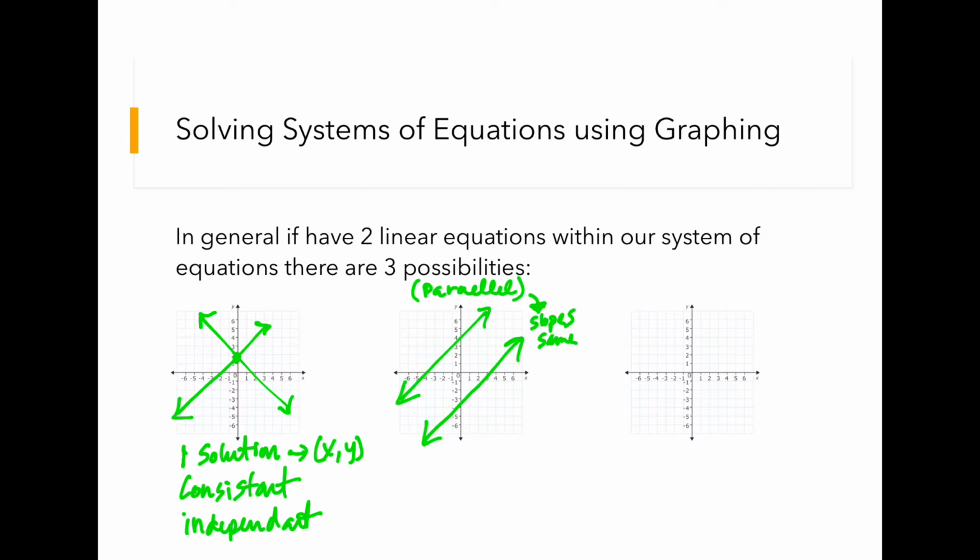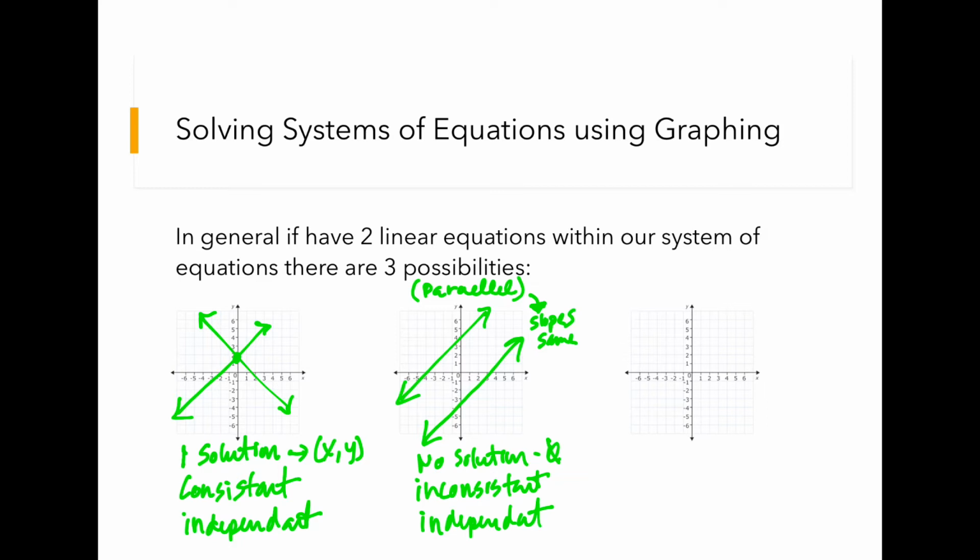Since the definition of a solution here would be where they are crossing, we would say there is no solution for this type of system. These are inconsistent because there is no solution, but they are separate lines, so we still say they are independent of each other. And generally, we can use the circle with the line through it to represent the idea of the empty set of solutions, no particular solutions.